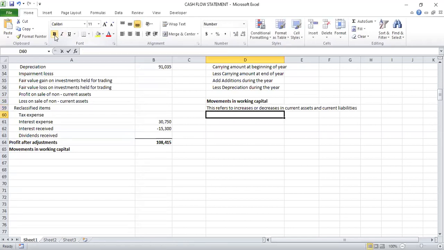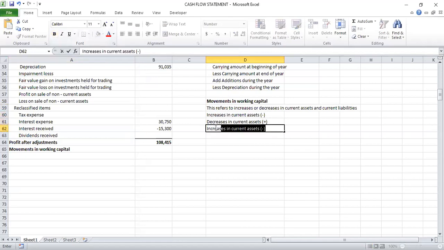Increases in current assets, it's a minus, because it means we have invested in our current assets. Decreases in current assets, it's a plus.